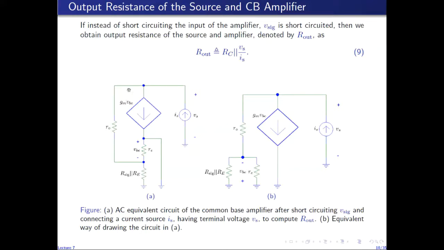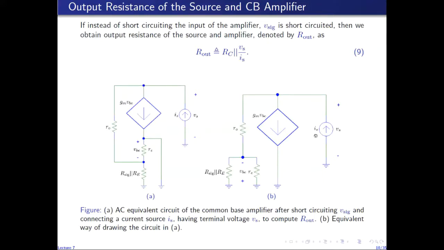So we have r0 connected to collector on one side and to this node on the other side. And then to this node, we have this resistance connected, and then we have small RE connected between this node and ground. So this circuit on the right is actually exactly the same as this circuit. It is just drawn in a way which makes it look easier to analyze.